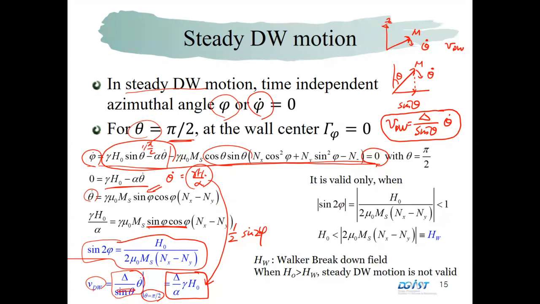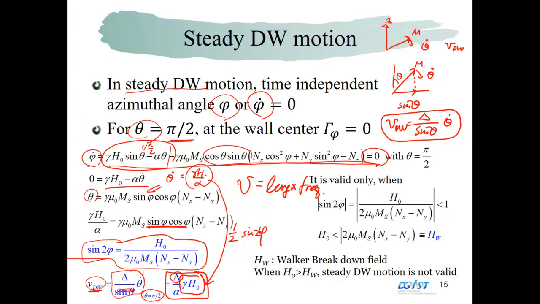Okay. So as we already mentioned, the velocity of the domain wall should be determined by the time scale and the length scale, because the velocity is length divided by time, or length multiplied by frequency. And this gamma H0 gives us some kind of frequency term in the given system. And delta is the length scale of the domain wall dynamics.